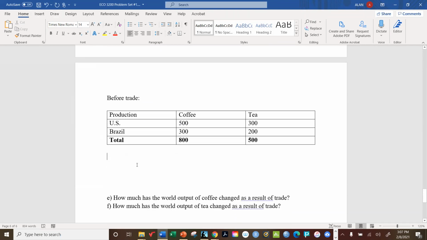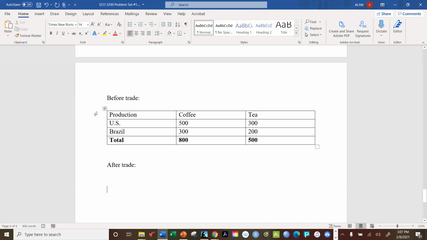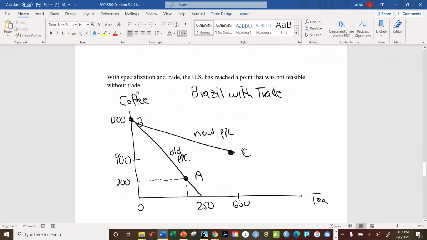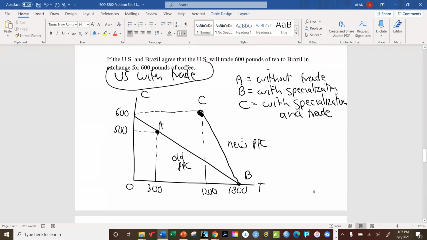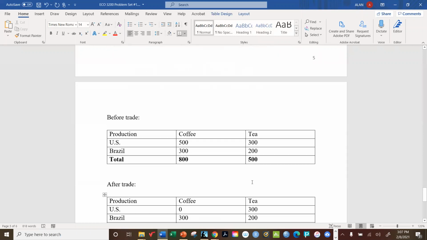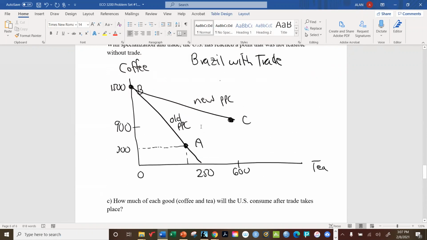Okay, now after trade, how much are these countries producing? Well, the US is only making tea now, no coffee. But how much tea are we making? We're making quite a bit of it. We specialize and we end up with 1,800 pounds of tea. Whereas in Brazil, they're making no tea and they're using all the resources to make coffee.